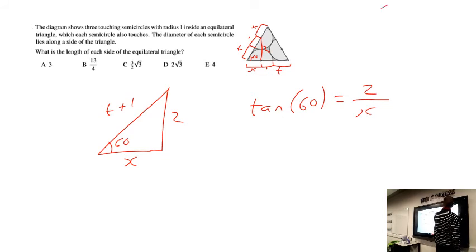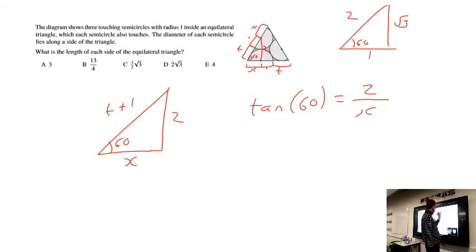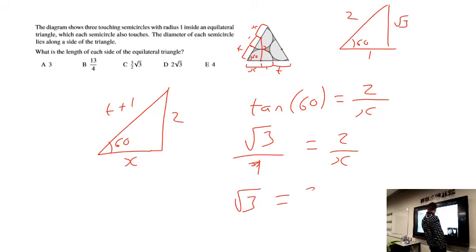If you have knowledge of triangles, if this is 60, this is square root of 3, this is 1, this is 2. So tan 60 is opposite over adjacent, so this is going to be square root of 3 over 1, which is equal to 2 over x. So square root of 3 is equal to 2 over x. To rearrange that equation, we have x is equal to 2 over square root of 3.